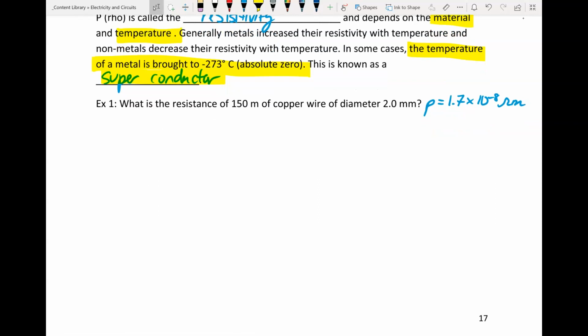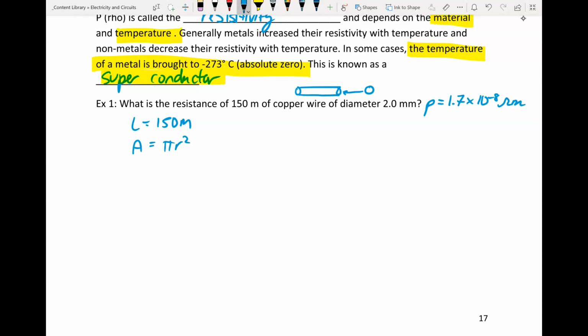Okay, so the things that we need are L, the length. So we have the length is 150 meters. We need our area. So it's a copper wire, which means that our cross-sectional area is circular. The area of a circle is pi r squared.